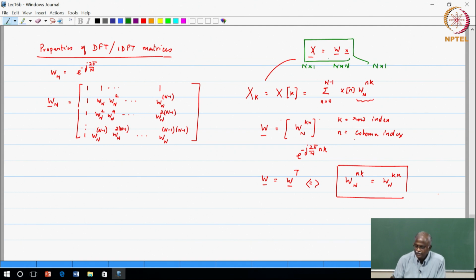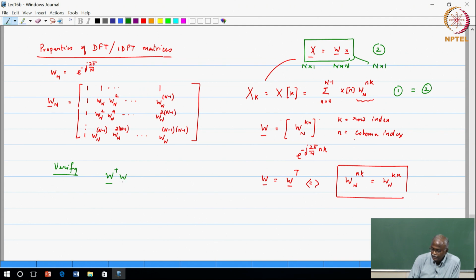So, this and this are identical. So, equation 1 and 2 are identical, right. One is writing it in matrix form, the other one is expressing it as a summation. So, given this result, I am sure you can verify the following result: W dagger, that means transpose conjugate.